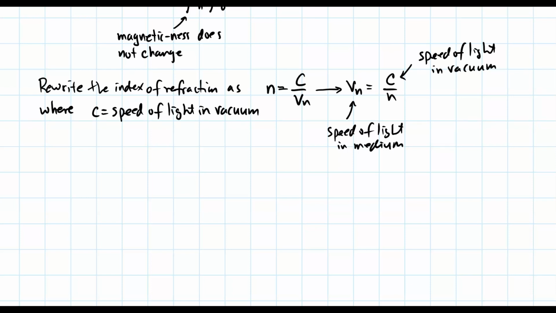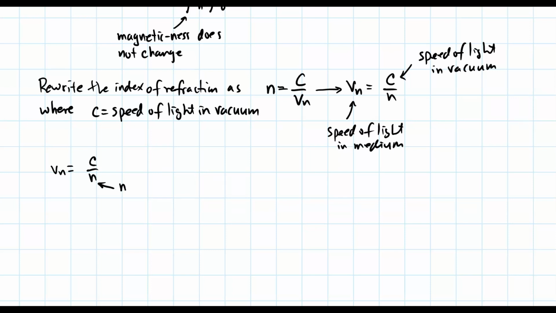From the above equation, light appears to travel more slowly in a refractive medium relative to the speed of light in a vacuum, because the index of refraction is greater than 1.